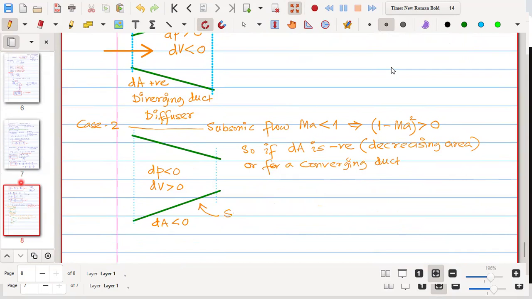Since it is subsonic flow, we call this a subsonic nozzle. Nozzle means the velocity increases, and diffuser means velocity decreases.